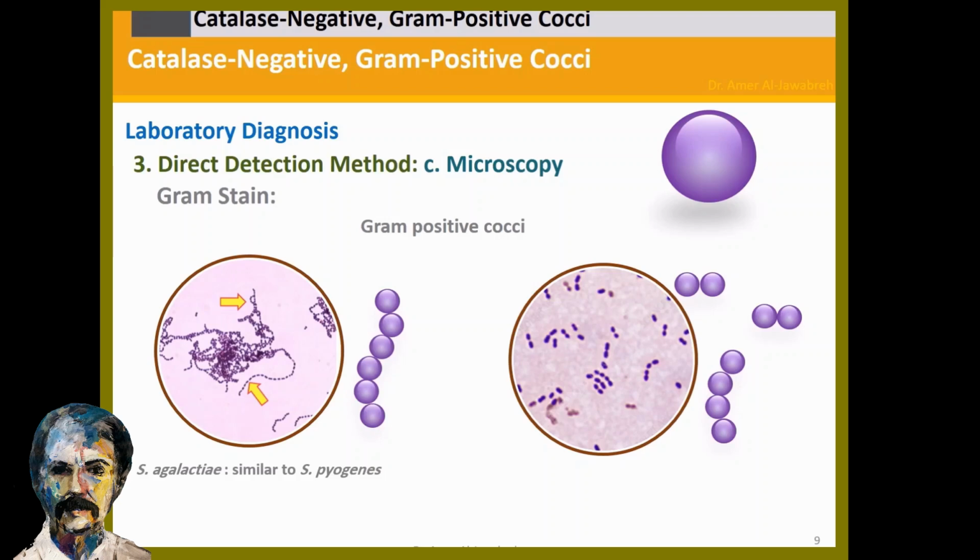Especially if you isolate this, let's say, from a place where you suspect pneumoniae, like sputum, for instance, from the lung. So diplococci, or sometimes they call it lancet shaped, like two triangles, all the same description for the same thing. That's pneumoniae.